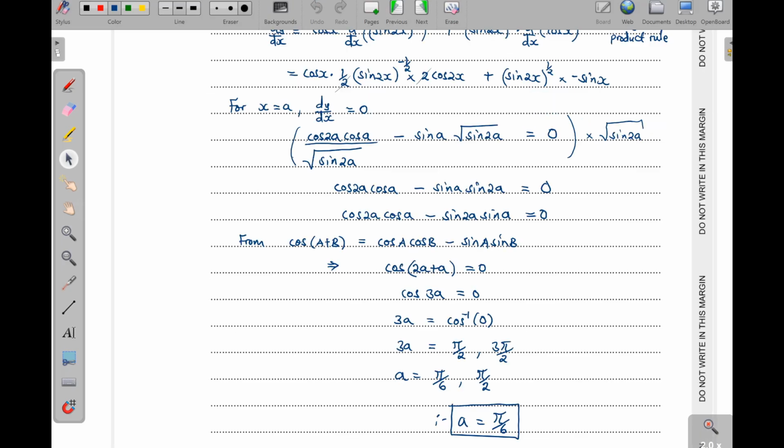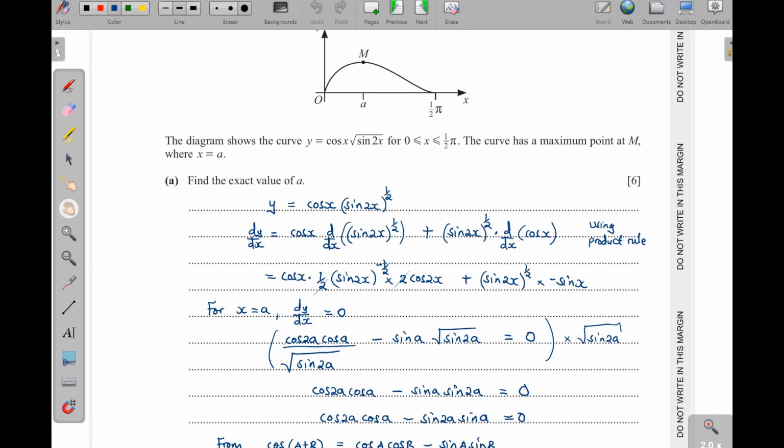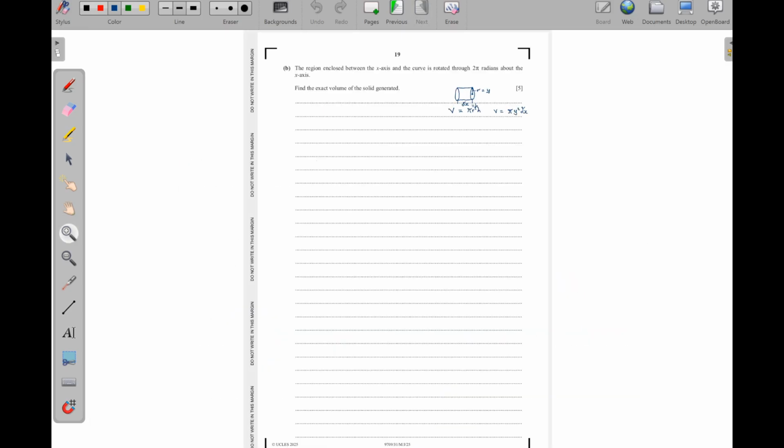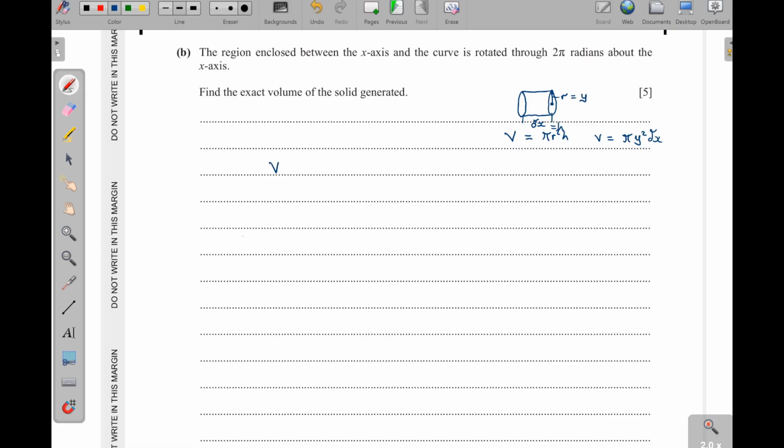We check this one out. What do we have here? This one here, we are going to integrate. Vx is equal to the integral of pi, then y squared dx, from A to B. That is volume of solid of revolution, which you actually did in pure math 1.